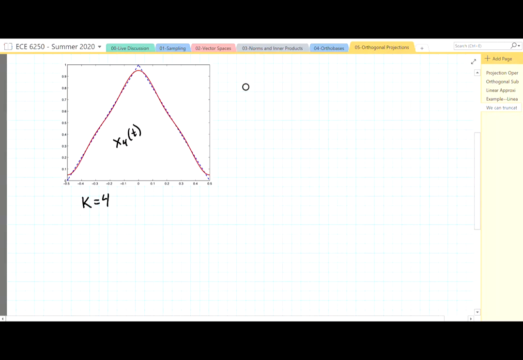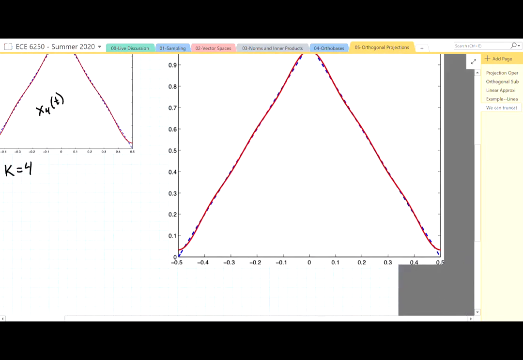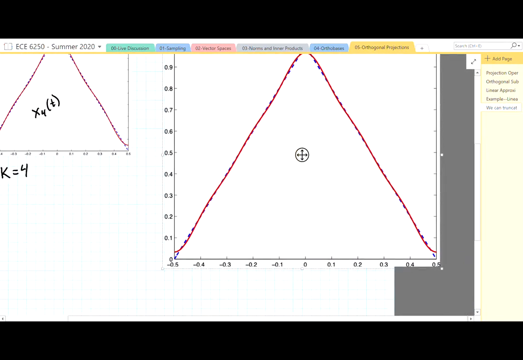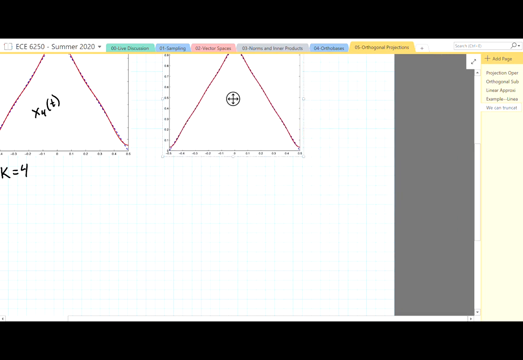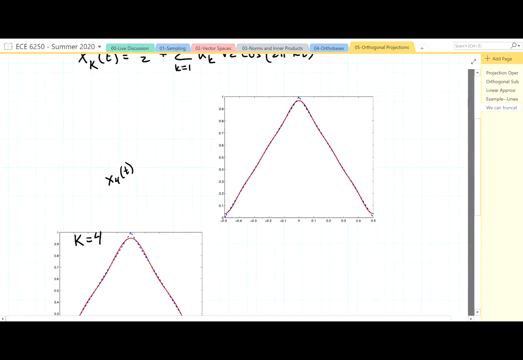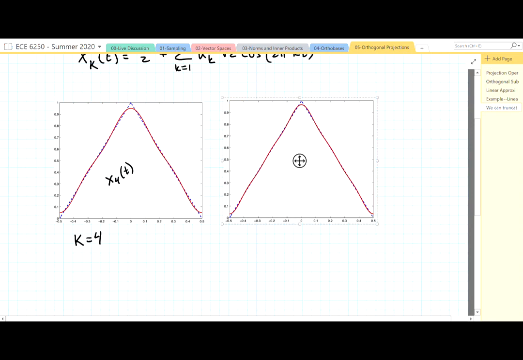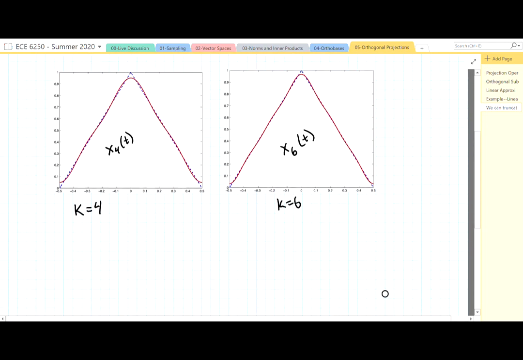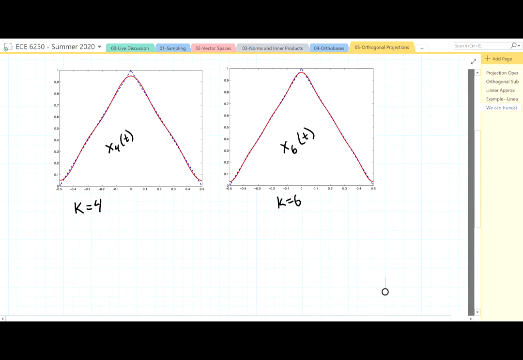And here we have x6 of t, so K equals 6. And you can see that it's a little bit better. It started out looking pretty triangular-like with x4.